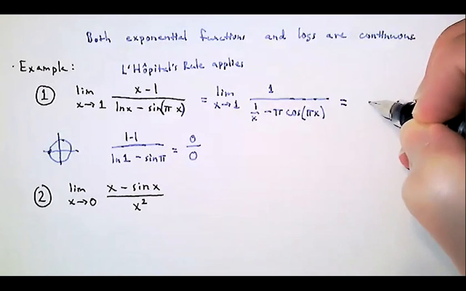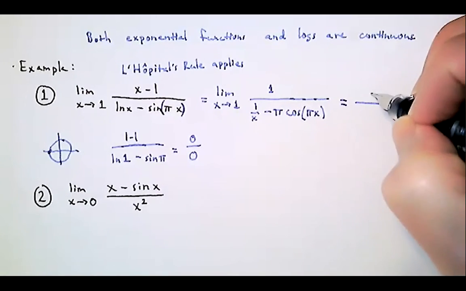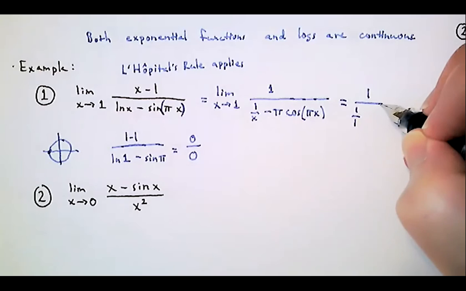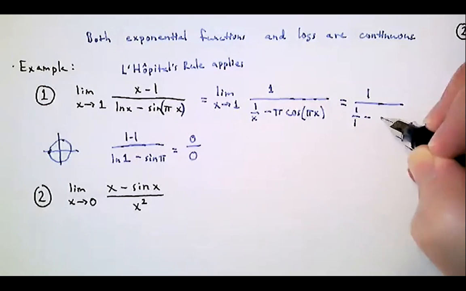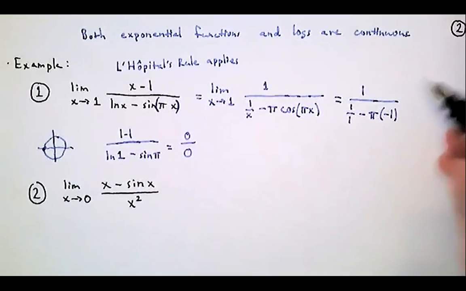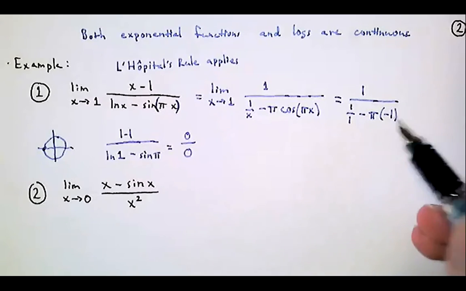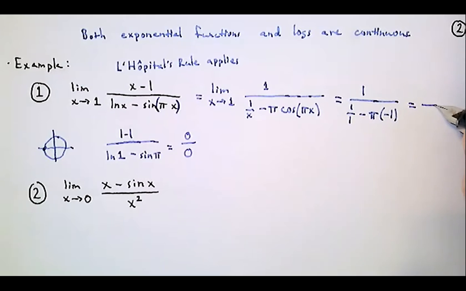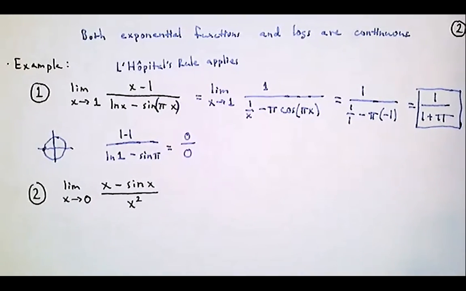So we can actually plug in 1 at this point, and we'll get 1 over 1, and then, let me write all of it out, minus pi times minus 1. So you can sort through how this simplifies. There's a couple minus signs. 1 over 1 is just 1. So we get 1 over 1 plus pi. Any questions over that example?